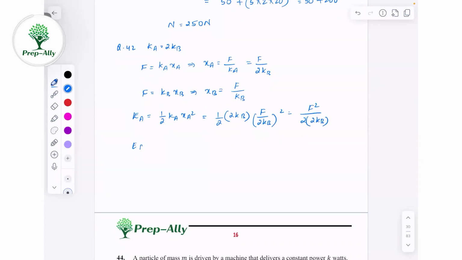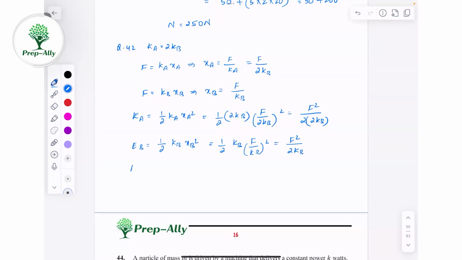Similarly, Eb is half Kb Xb square. That is going to be half Kb, we found Xb as F by Kb square, which is just F square by 2 Kb.